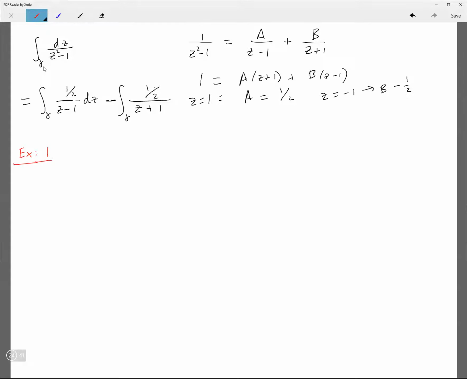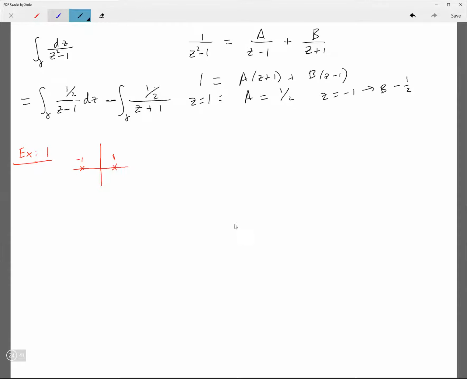As to what gamma is, you notice I haven't defined what gamma is. So where is this not holomorphic? Based on what I said, where is this not holomorphic? Is it when z equals 1? Yes, when z is 1, and where else? -1. Yes, and -1. Okay, so those two places is where this is not holomorphic.